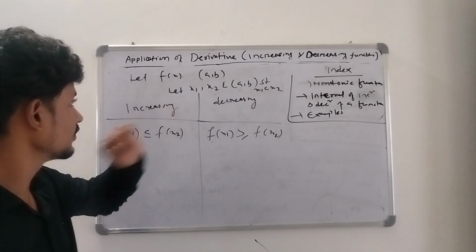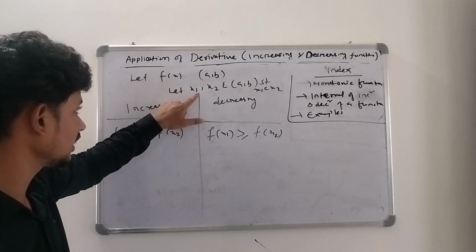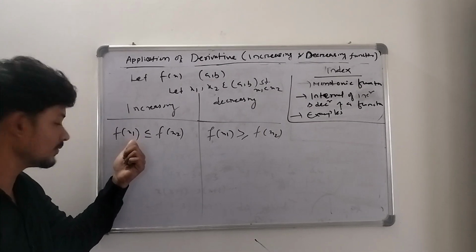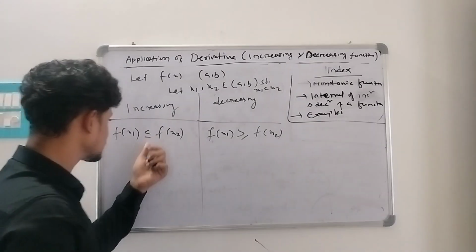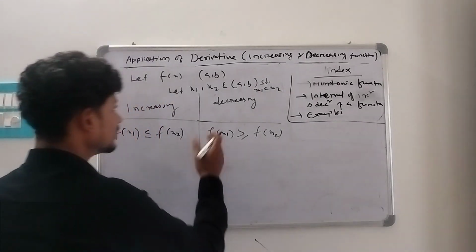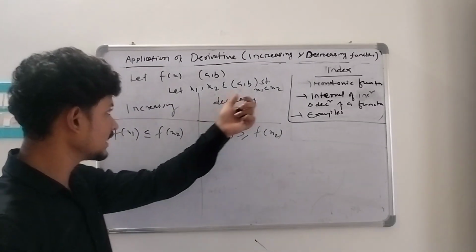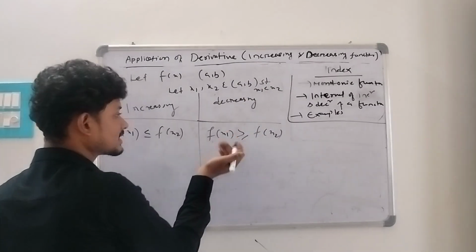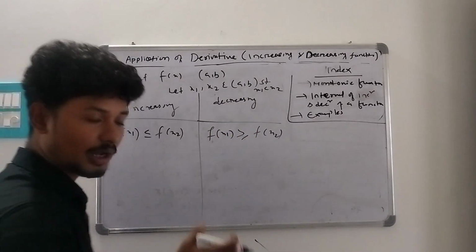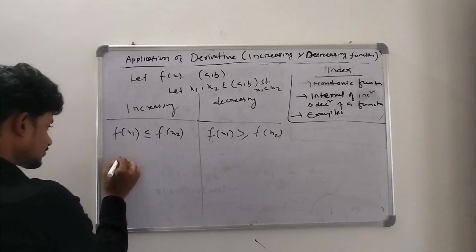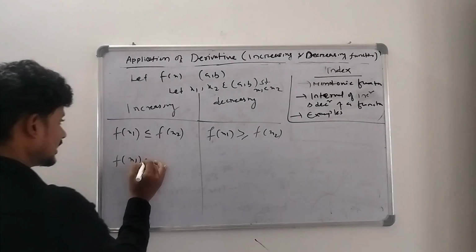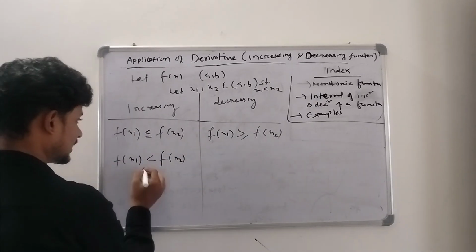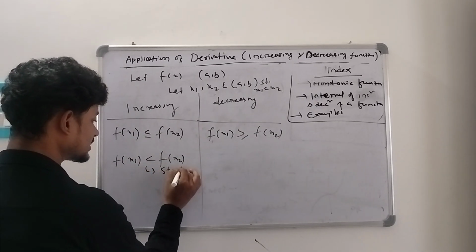That means if we increase the x values, then the functional value increases or remains steady, because there is an equality sign here. And in case of a decreasing function, if we keep on increasing the value of x, the functional value decreases or remains steady. So if f of x1 is less than or equal to f of x2, and I remove the equality sign, then it is called a strictly increasing function.